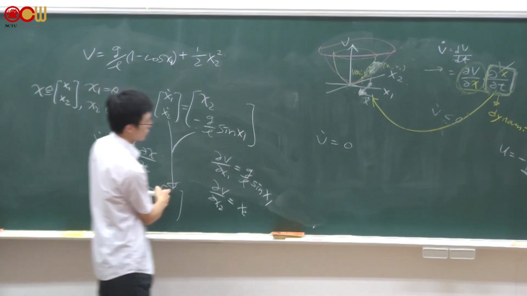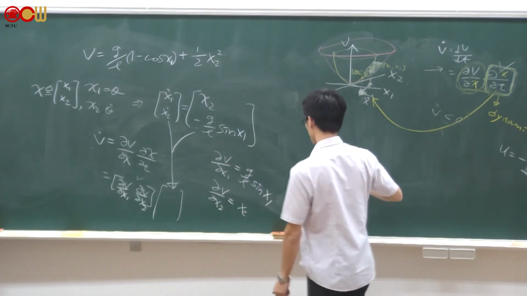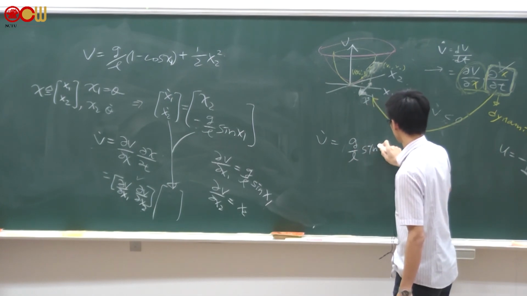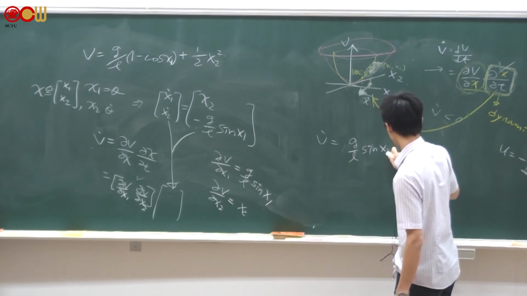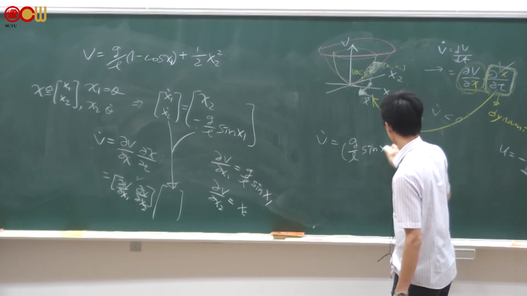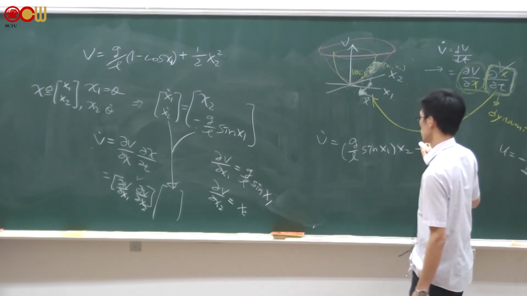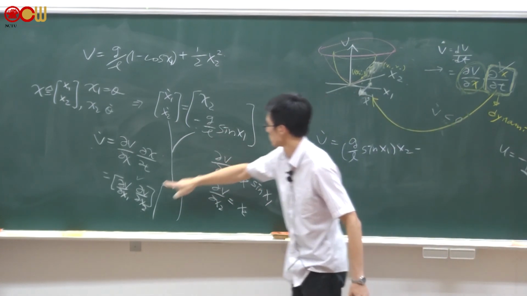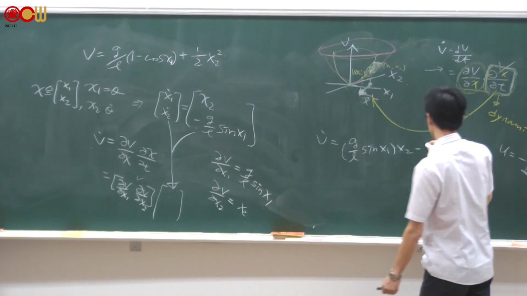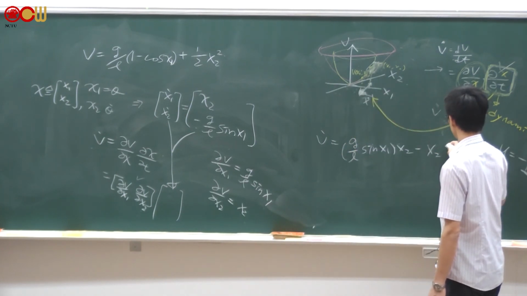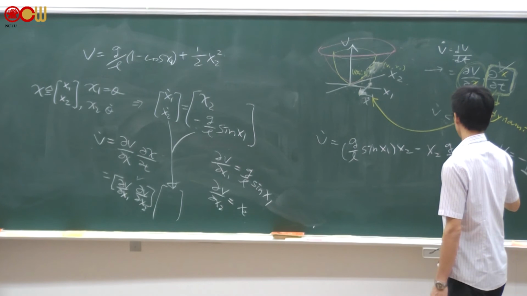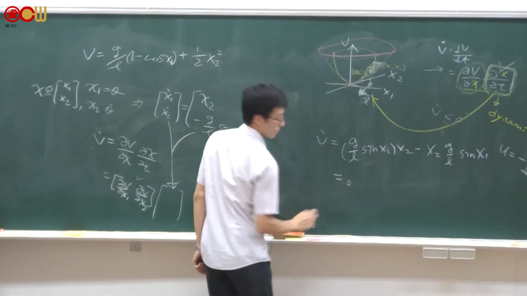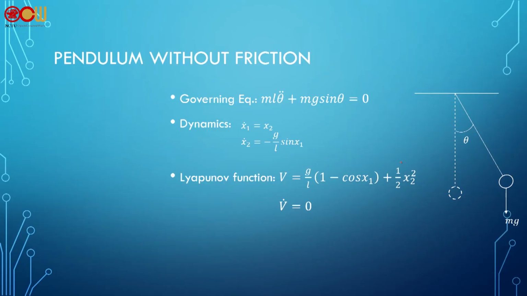This times x2, which will be g over L sin x1 times x2, minus this times this times this, which is x2. Right? So it's 0. What happens?